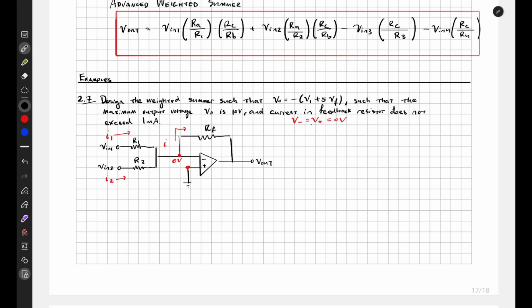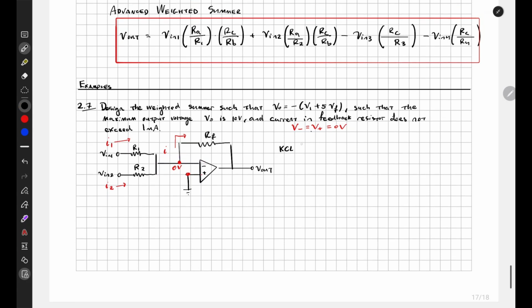Using these things that we know about KCL, we're going to do the KCL on this node here, this V minus node. So KCL at V minus. In this case, we can see that I1 is going into the node, so I1 has a minus sign.